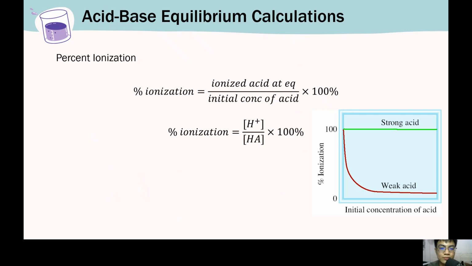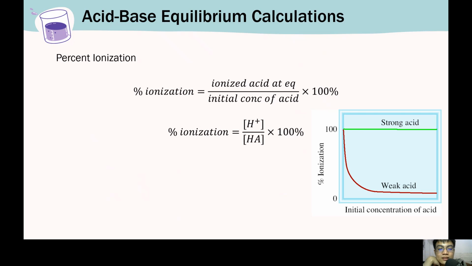Okay, and now let's talk about percent ionization. When you say percent ionization, basically this is just the ratio of how much ions you have at equilibrium and the initial concentration. Okay? So, ratio ng equilibrium concentration of ion and your initial concentration of your substance.